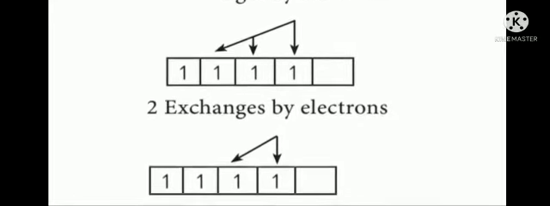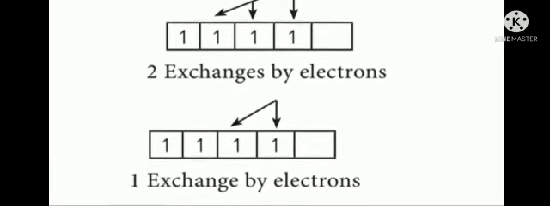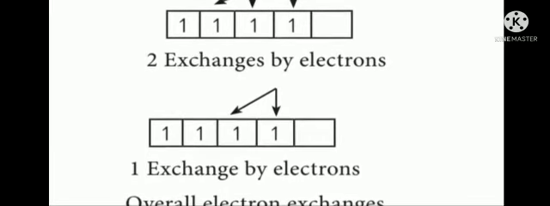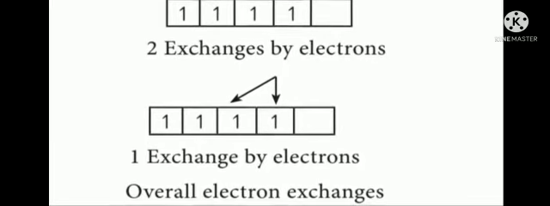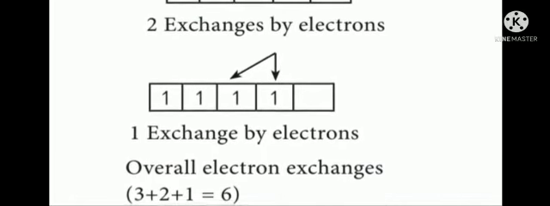Therefore, the overall electron exchanges are 3 plus 2 plus 1, which is equal to 6. For 3d4 configuration, there are 6 possible exchanges.